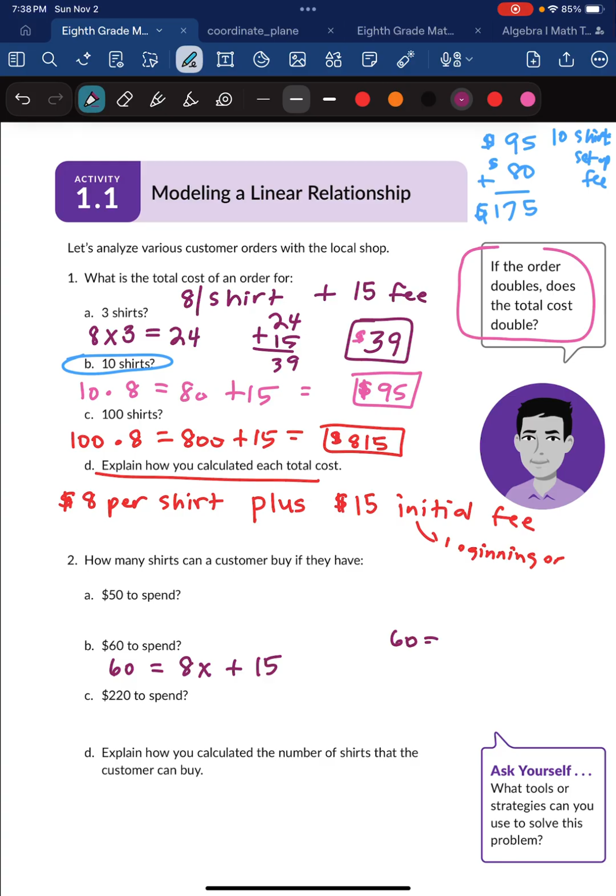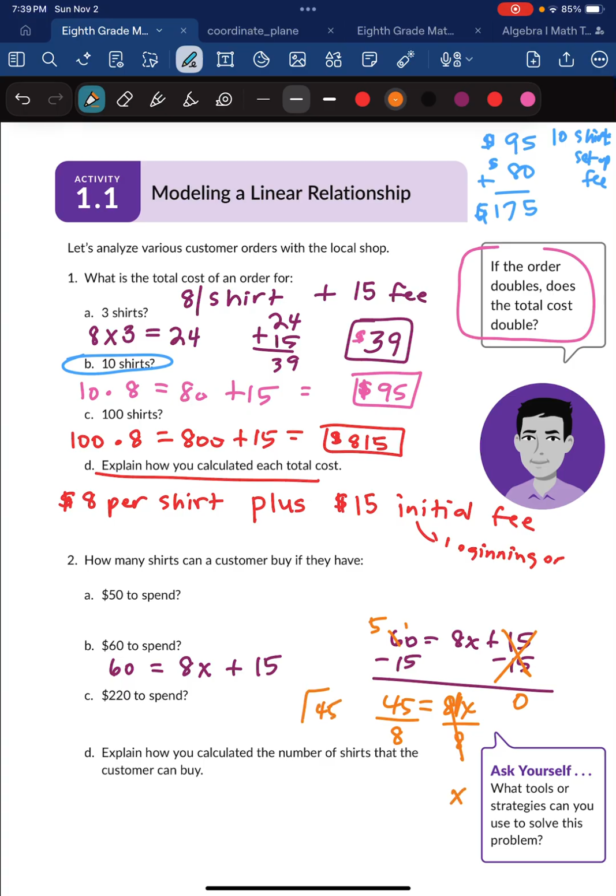So I'm going to take my equation and subtract 15 from both sides. And that comes out to 0 right there. So that goes away. So now I have 45 is equal to 8x. I'm going to divide both sides by 8. That becomes an invisible 1. We don't have to show it.